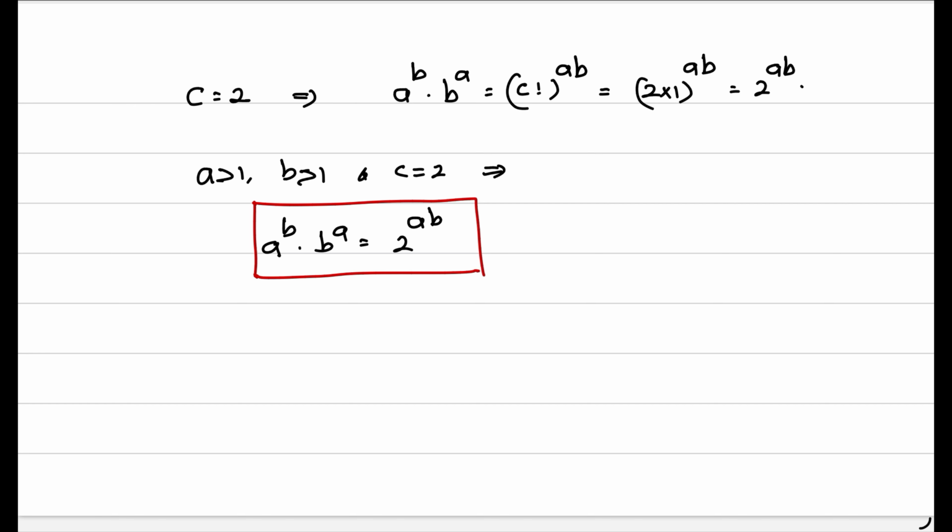What are the possible solutions when C is equal to 2? We'll write it in the logarithms.